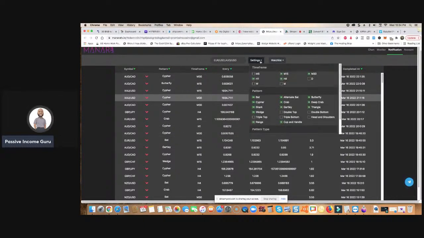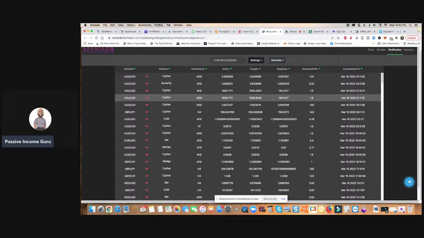You can go right here to settings, and you can tell the tool what pattern you want to see, right? If you want to see a double bottom or head and shoulders or a double top, triple top, you can click and see the pattern that you want to see the most, and the time frames. But not only that, you can go to watch list. You can add your Forex minors, your Forex majors.